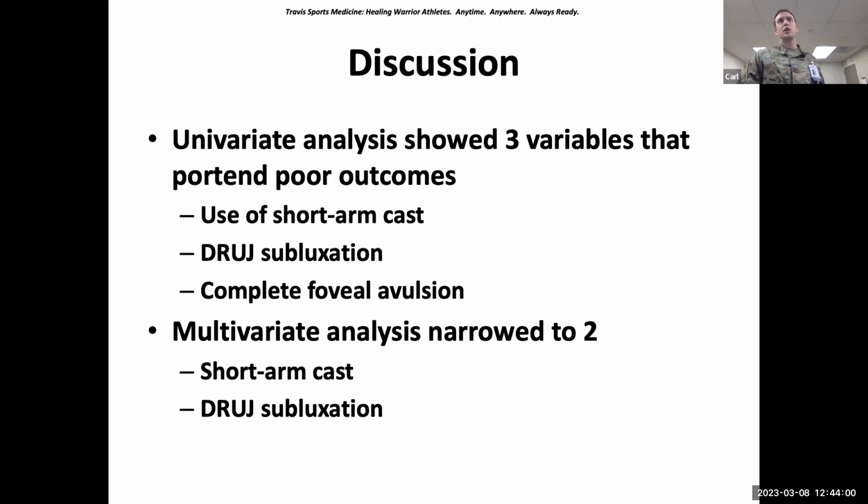Interestingly, there were 8 people with the DRUJ subluxation in the long arm casting group, and 5 of those 8 still ended up having a good outcome with the long arm casting. So it does seem like the long arm casting was one of the bigger factors overall. And then, like we talked about earlier, the complete foveal avulsion fell away with the multivariate analysis.